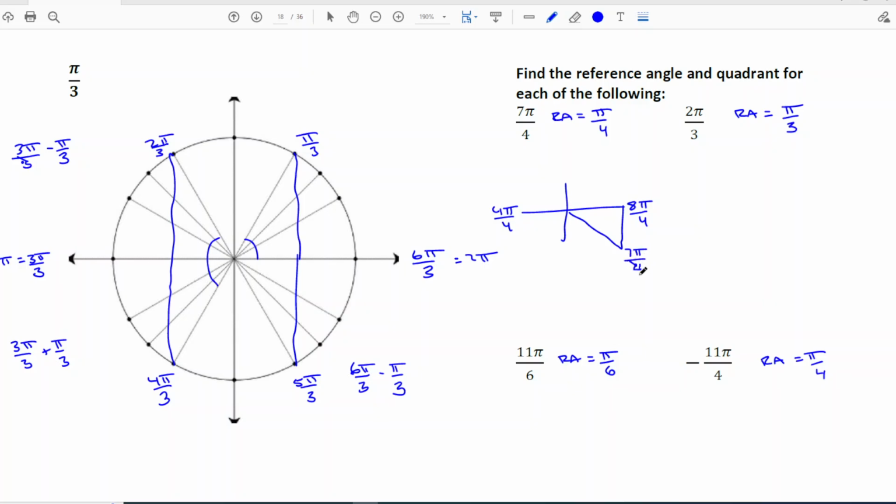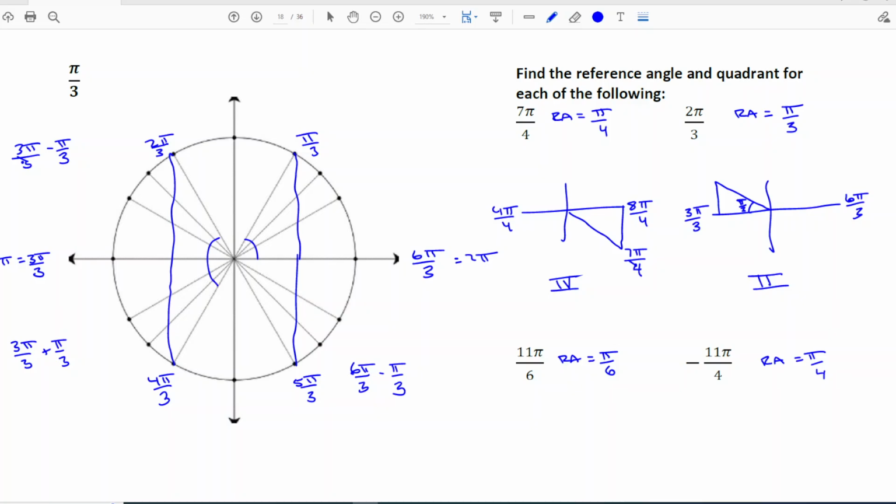So I know that I'm in quadrant 4. When I'm looking at this one, again, I know my reference angle is going to be pi by 3, which is going to make this one 3 pi by 3, and this one 6 pi by 3, right? So pi and 2 pi. And then 2 pi by 3 is less than 3 pi by 3 by pi by 3. So I know that I'm in quadrant 2.